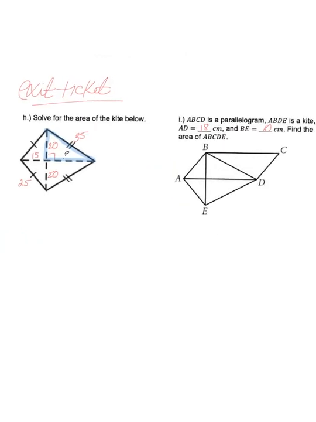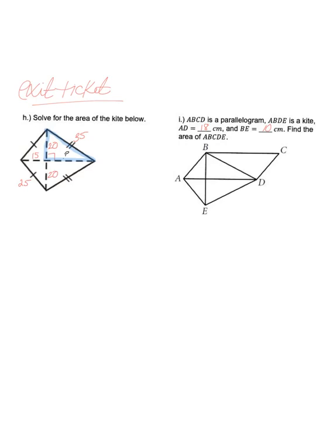Okay, H and I are going to be your exit tickets, and they are slightly more difficult, but I just want to see how you can do. I kind of gave you some hints on 5. A kite is made up of 4 triangles.